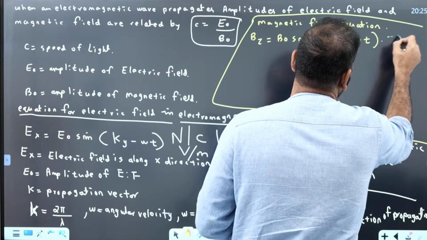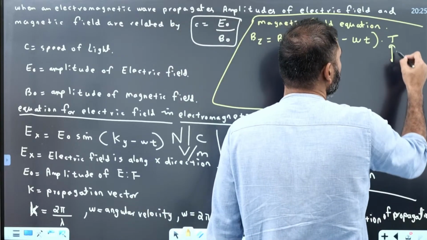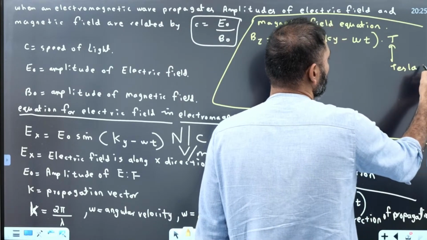Now you can see the T here. What is that T? That T is Tesla, the unit of magnetic field.